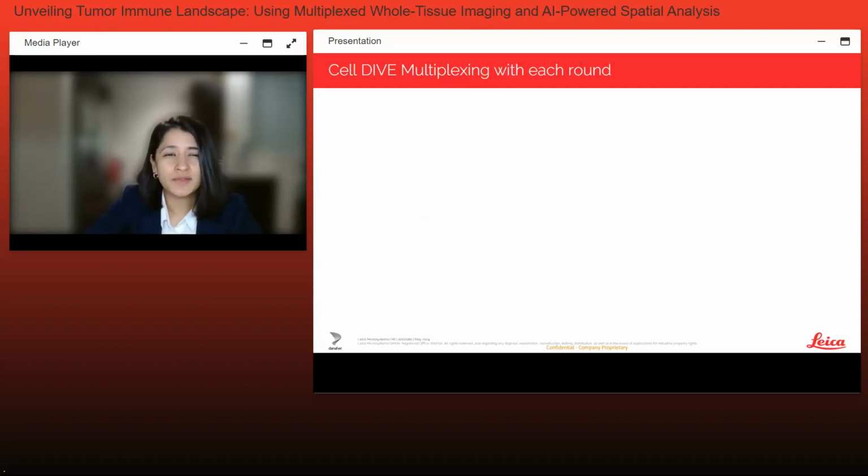And here's what the iterative staining and imaging through a few rounds looks like. This is showcasing our collaborative work with Cell Signaling Technology. And this is a CST panel of immuno-oncology biomarkers.